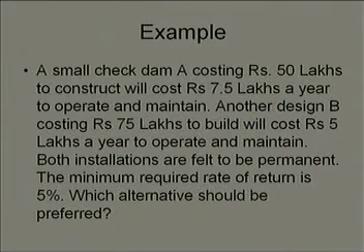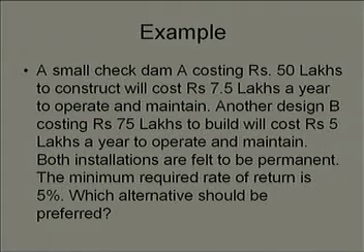Now, note down this example. A small check dam. A check dam is basically to stop the flow of water. It is not of very high magnitude, it is a small dam, just to prevent flow of water from one side to the other side.